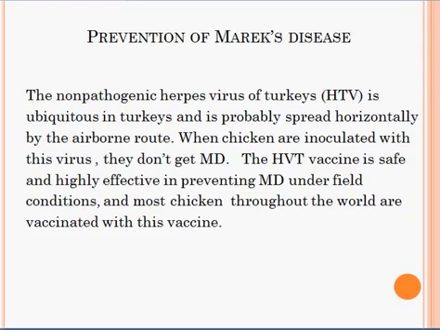When chicken are inoculated with this virus, they don't get Marek disease. The herpes turkey vaccine is safe and highly effective in preventing Marek disease under field conditions, and most chickens throughout the world are vaccinated with this vaccine.